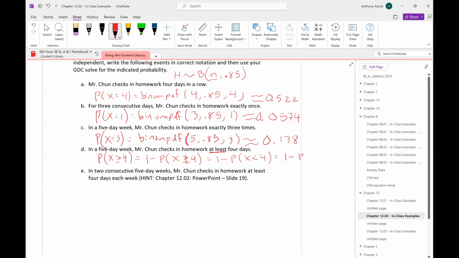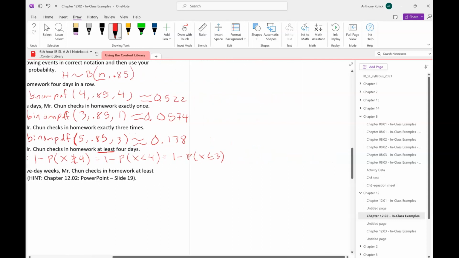So I could also write this as less than or equal to 3. Because 3, 2, 1, and 0 is also less than or equal to 3. And now we go to our calculator. So this is a CDF problem.